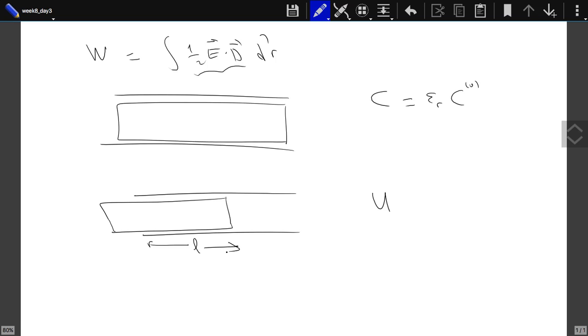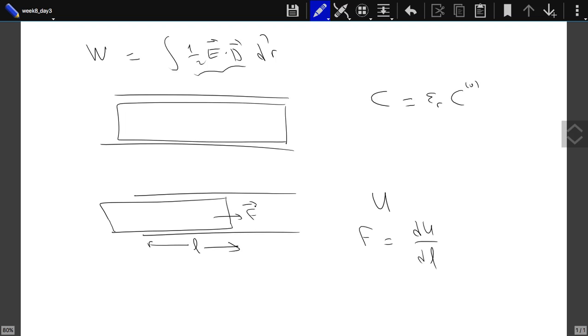And once we know that, we could calculate the force exerted on the dielectric, just by taking its derivative. At the end, this resulted in a force in this direction. This is the direction of the force that the capacitor exerts on the dielectric. So the capacitor just tries to pull in the dielectric.